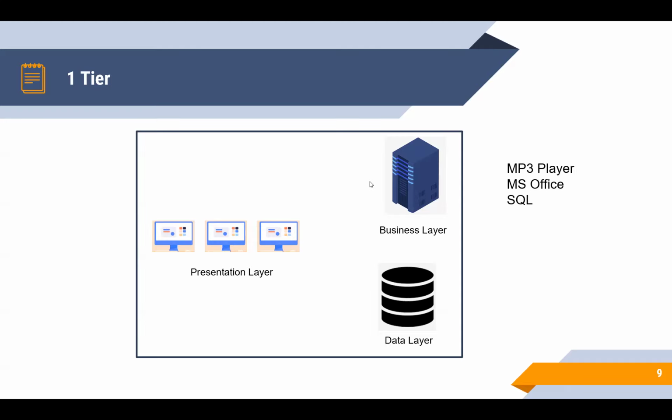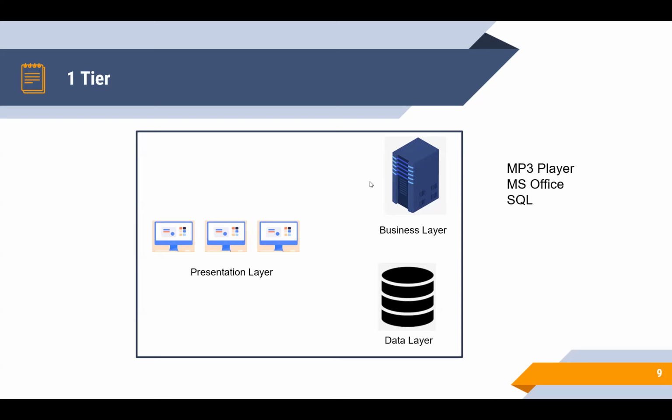So when we have installed MS Office in our machine, we are using the MS Office in the same machine. We are creating the file and keeping that file in the same machine. Let's suppose you are working in an Excel file, you are keeping it in the same machine.